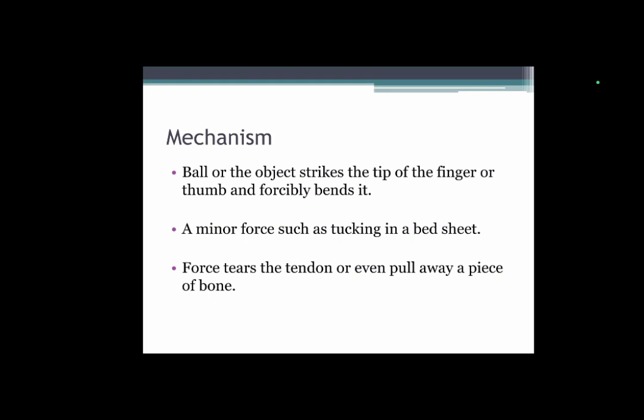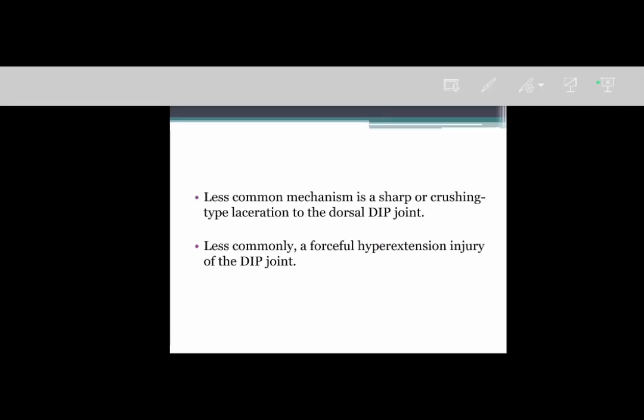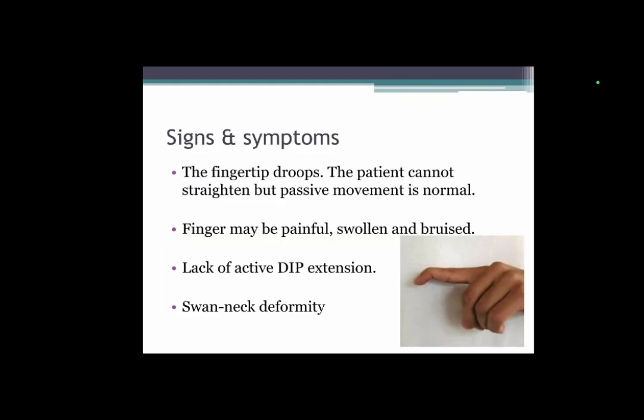Clinical features of mallet finger: pain and tenderness over the distal interphalangeal joint, swelling around the fingertip, inability to actively extend the distal phalanx, fingertip remains in a flexed position, reduced grip function, bruising may be present, difficulty performing fine hand activities. In chronic cases, swan neck deformity may develop.